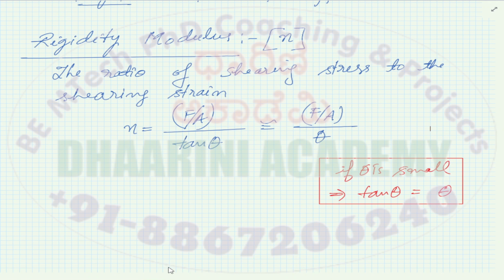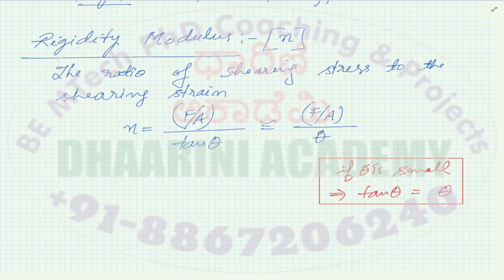But we use an identity from trigonometry. I have written this in red color here. If theta is a very small quantity, then tan theta can be approximated to theta itself. Tan theta equals theta for a very small angle.